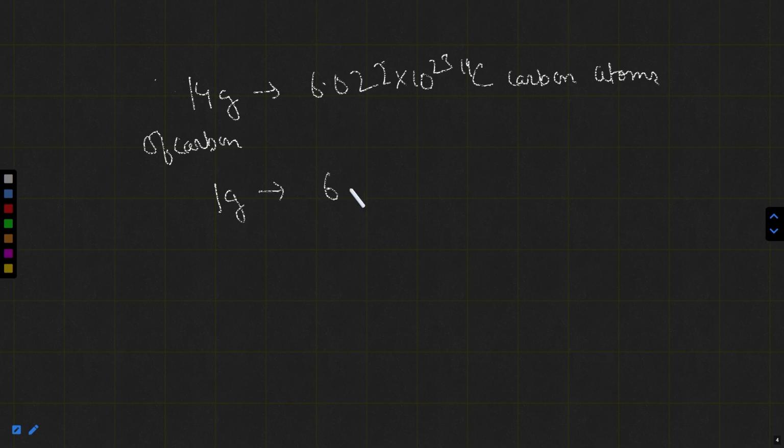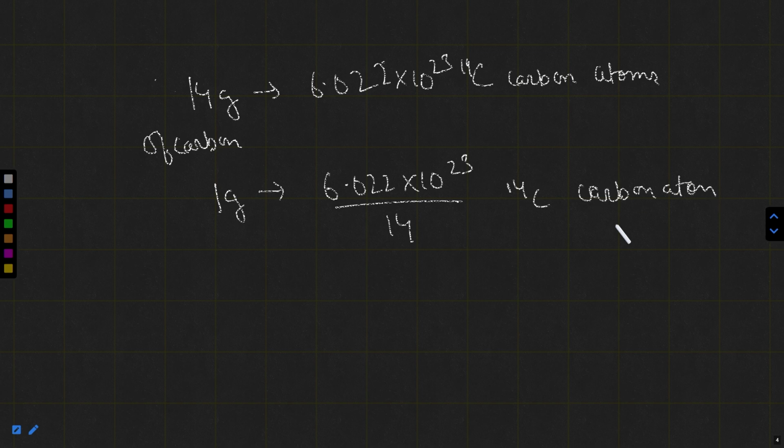That would be 6.022 into 10 to the power 23 by 14. Is this clear? So this many carbon atoms. Now if we calculate it for 1 milligram, that is 10 to the power minus 3 grams, we have converted into milligrams.